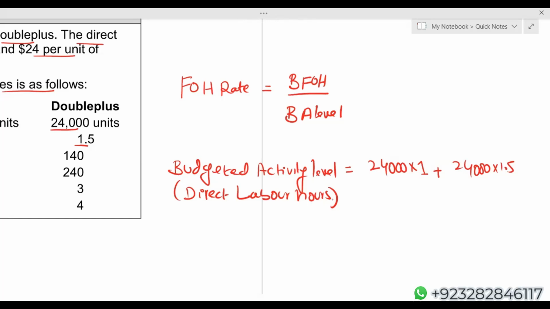Here it is again clearly mentioned that your budgeted activity level is direct labor hours.